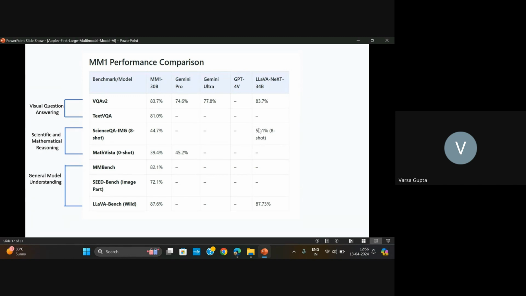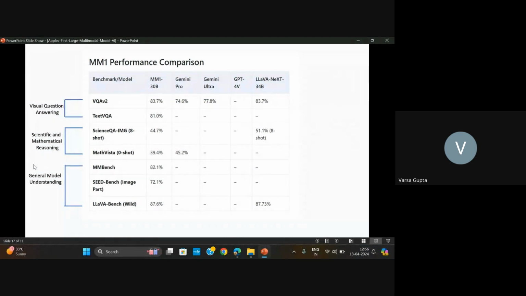As I said earlier, LLaVA-NeXT is also a multimodal. It is an open source multimodal, but it has achieved state of the art performance in scientific question answering. So related to science question answering, LLaVA-NeXT is the winner.